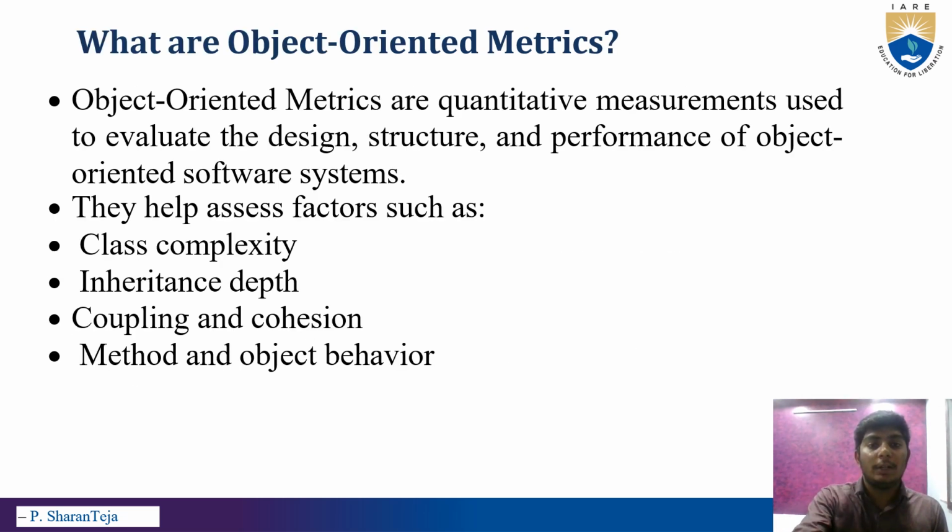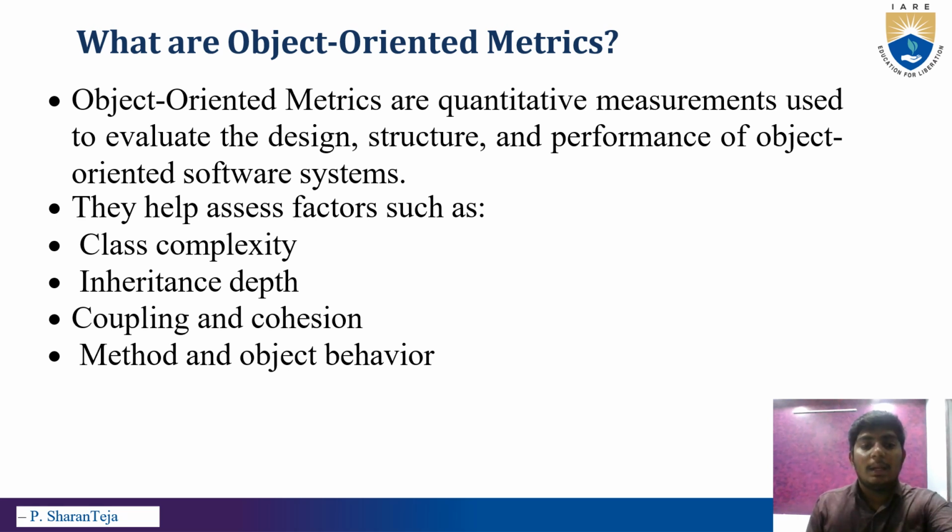What are object-oriented metrics? They are quantitative measurements that capture the structural aspects of object-oriented software systems. In other words, they give us numbers that reflect how our classes, methods, and objects interact with each other.